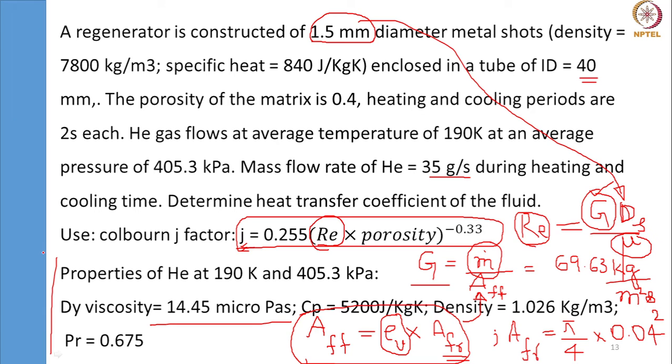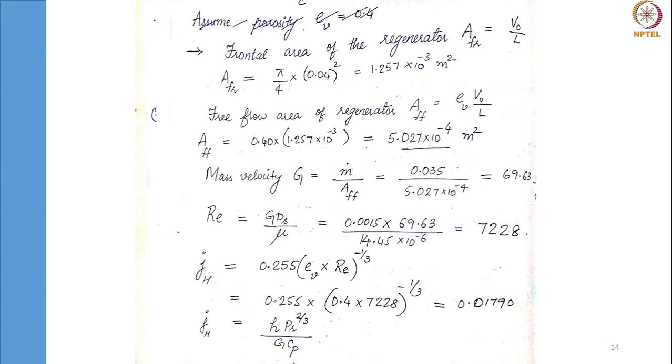It is 0.01790, so it is fine. So the Colburn J factor is defined as H into Prandtl number power 2 by 3 by GCP. This is what we want, the heat transfer coefficient.